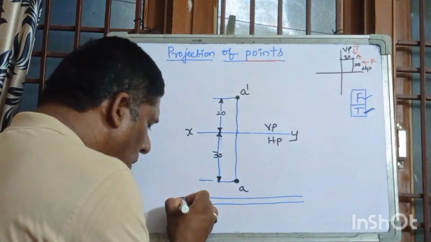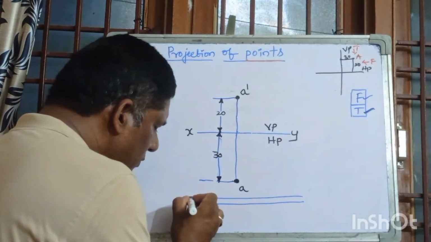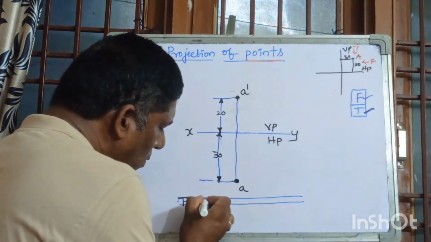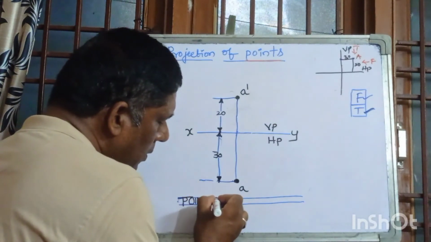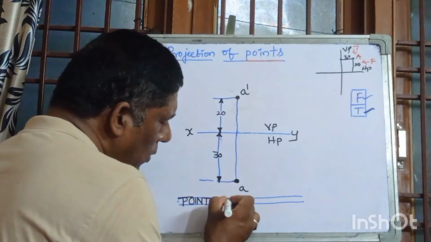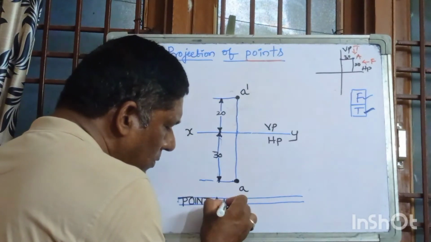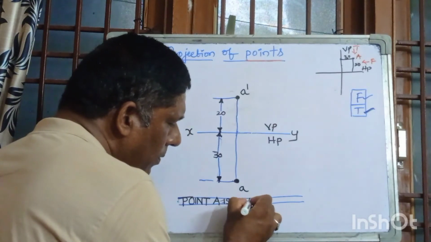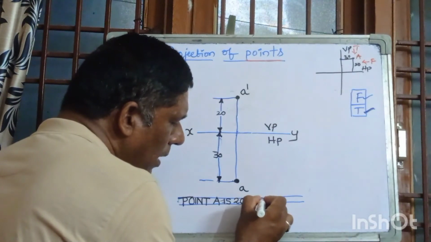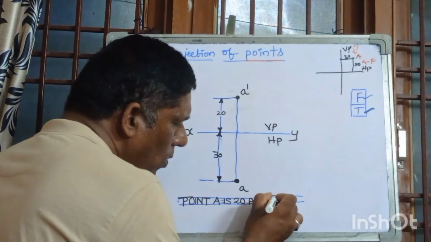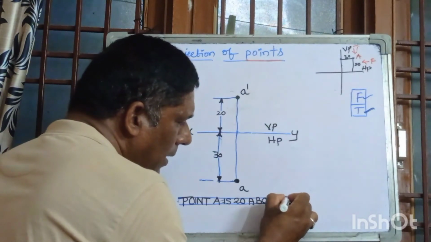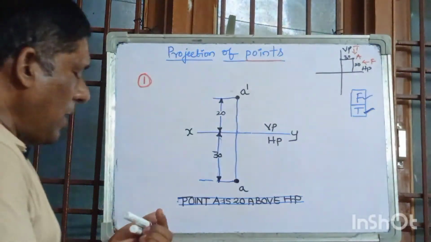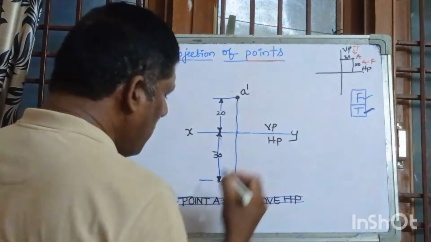Point A is 20 mm above HP, and 30 mm in front of VP.